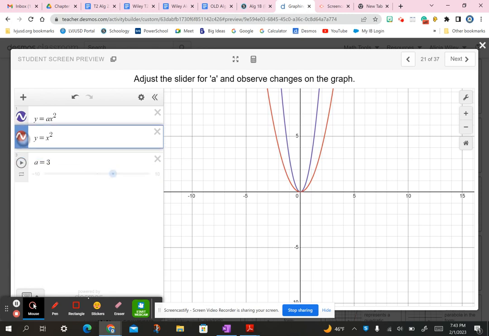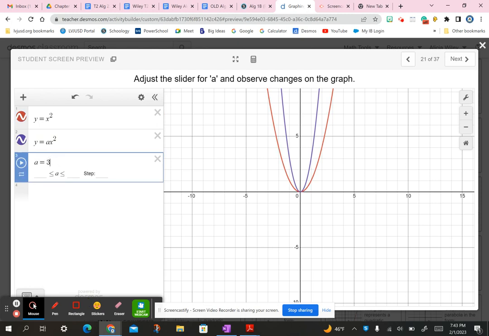So the red line is the parent function, and the purple one is the one that's changing. So again, from the red line to the purple line, as I changed a to something bigger, my graph got more narrow. They call that a vertical stretch because you're stretching it in the vertical direction.